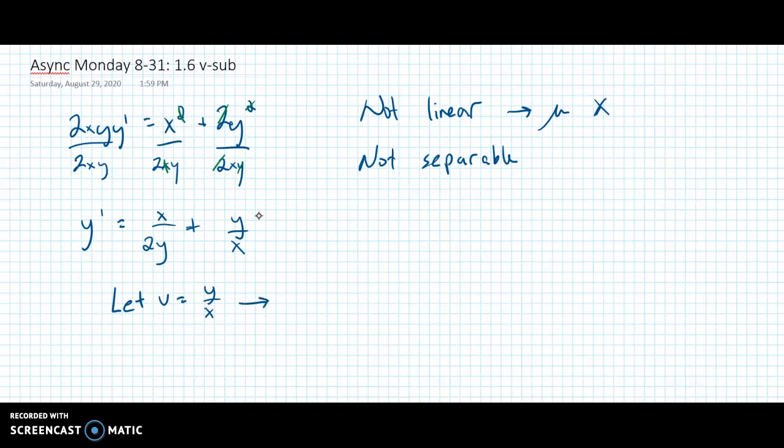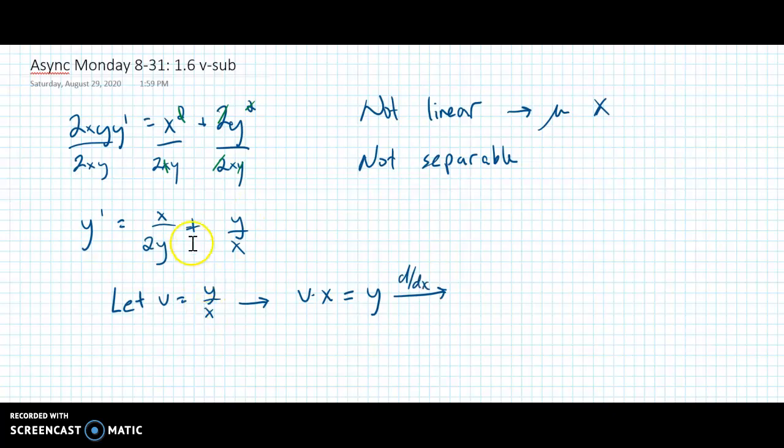That's what I normally do in this class. So from here, I'm going to multiply by x. I think you'll see y. So this gives me v times x equals y.